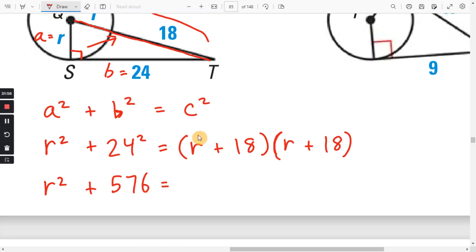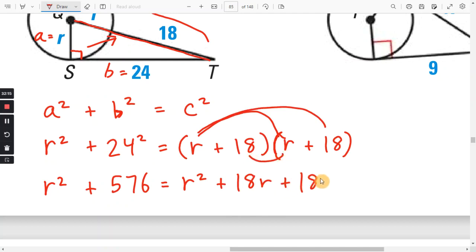Distribute, R times R is R squared. R times 18 is 18R. Distribute the other one. 18 times R is 18R. And finally, 18 times 18, I'll just do 18 squared on the calculator, and I get positive 324.